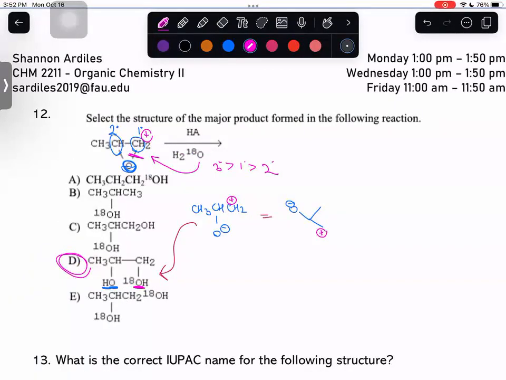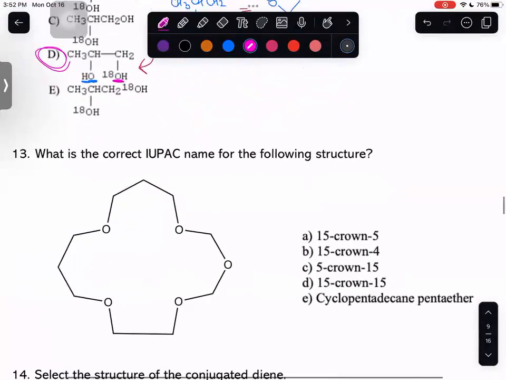Okay, questions with epoxides so far? We're good? Okay. Let's look at the next one. This one should be your favorite question and very simple. What's going to be the answer? It is going to be A. What was the trick with that kind of problem?